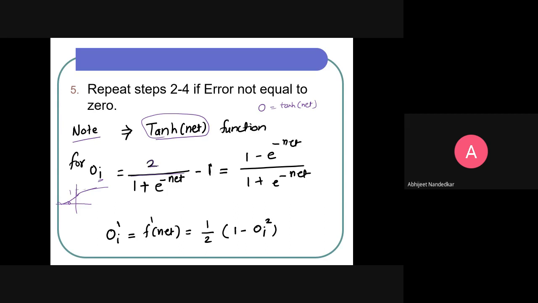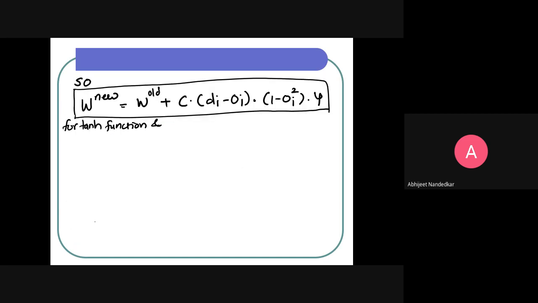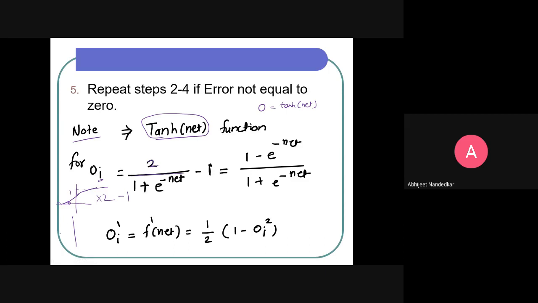And if I multiply this function by 2 and subtract 1 from this, it will be a function of this shape which ranges from plus 1 to minus 1. So if I differentiate this term with respect to net, I will get this quantity.